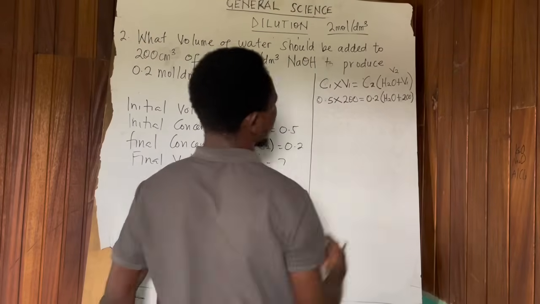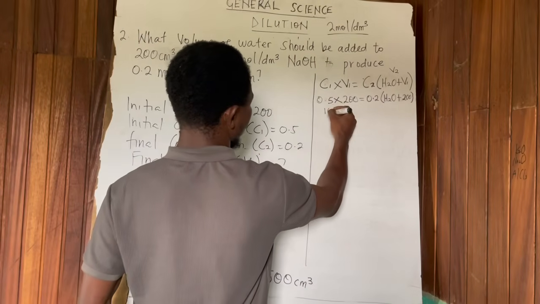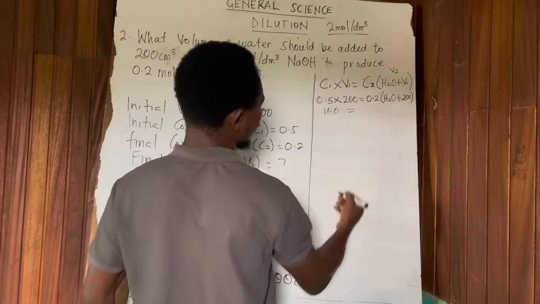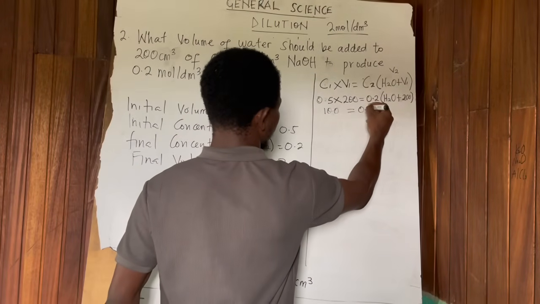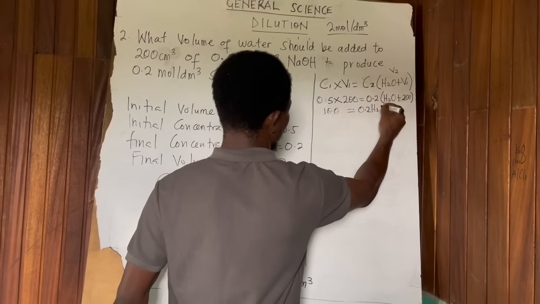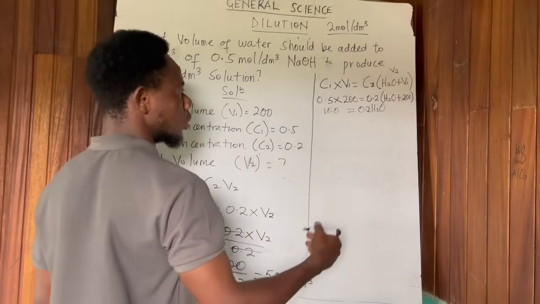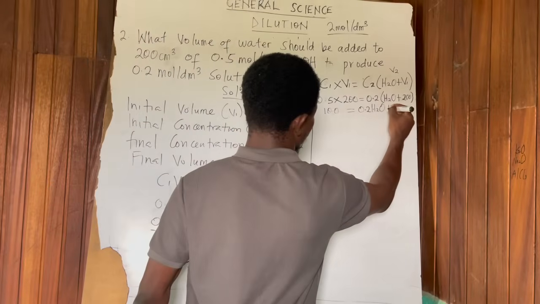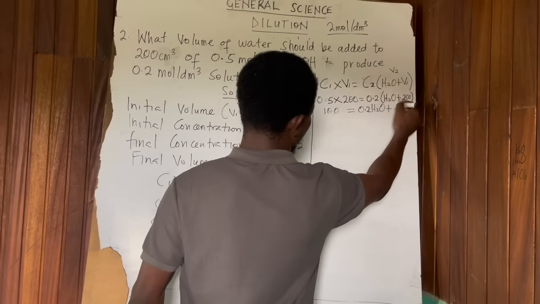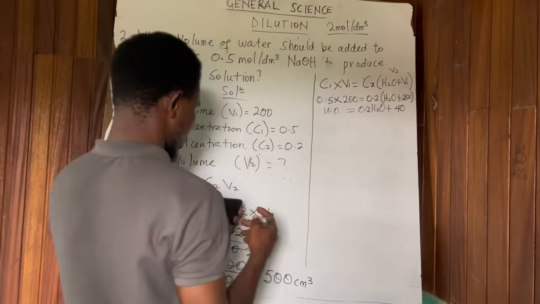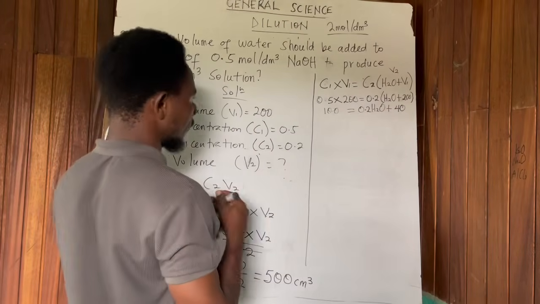So let's multiply 0.5 times 200, we get 100, is equal to 0.2 multiplying H2O. It's the same as saying 0.2 times X, we are going to get 0.2X plus 0.2 multiplying 200, we are going to get 40, right? 0.2 times 200 is 40.